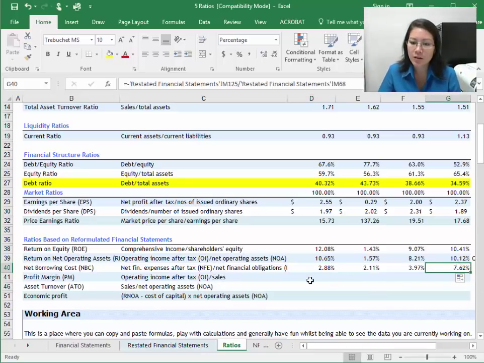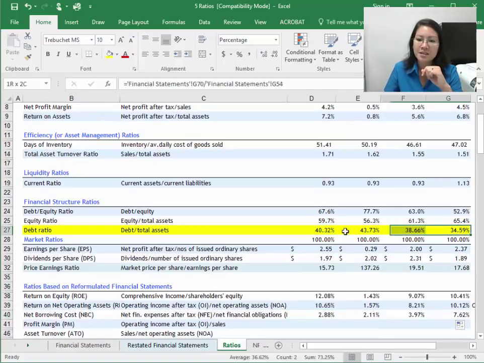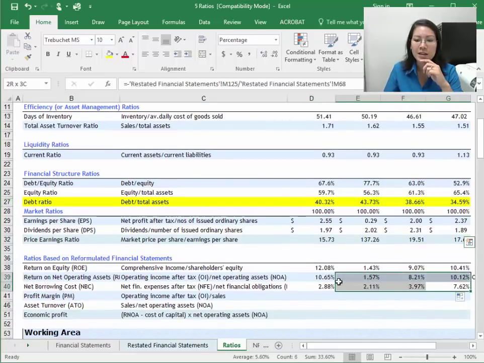So again, let's have a look. This is the cost, the net borrowing cost, or the cost of my debt. In 2014, it was about 7.6%. So we're thinking about it in terms of an interest rate on our loans. And it's been decreasing to the point of it's only about 2.88%. Now, this is interesting because before, remember we noted that their debt is increasing. They're actually increasing their borrowings, yet their net borrowing cost is decreasing.